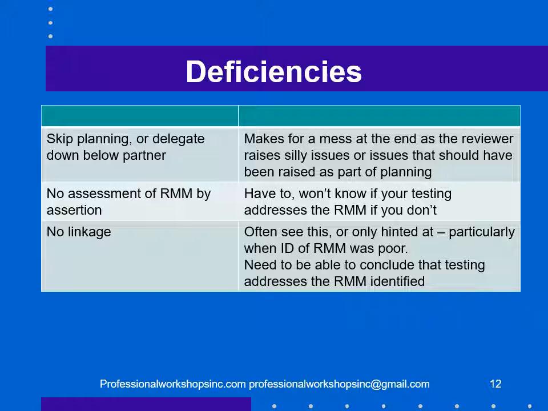Well, you have to, and you won't know if your testing addresses the risk of material misstatement you've identified if you don't. So you've got to do that. And linkage, as I said before, you often see this only hinted at, particularly when your identification of risk of material misstatement was poor. And you need to be able to conclude that the testing addressed the risks identified. So those are important things to do.